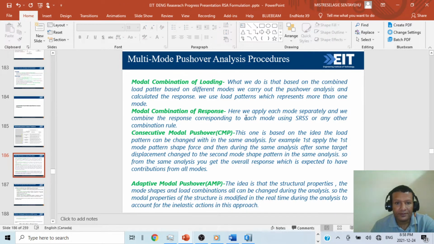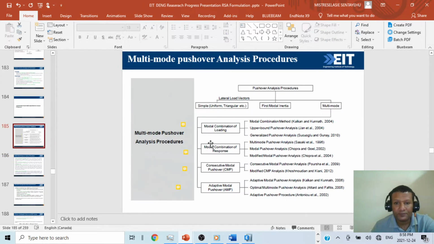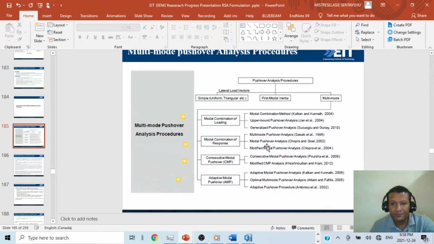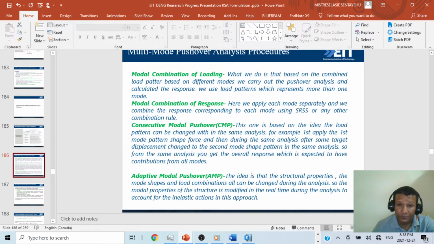The second one, modal combination, was proposed by Kalkan and Kunnath 2004, and Jan, Subul and Gunay 2010. This is modal combination of response. Here we apply each mode separately and combine the response corresponding to each mode using SRSS or any other combination rule.